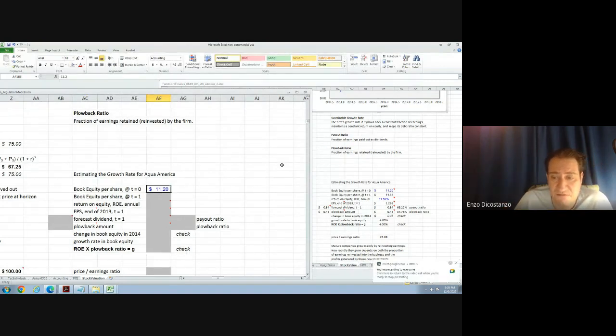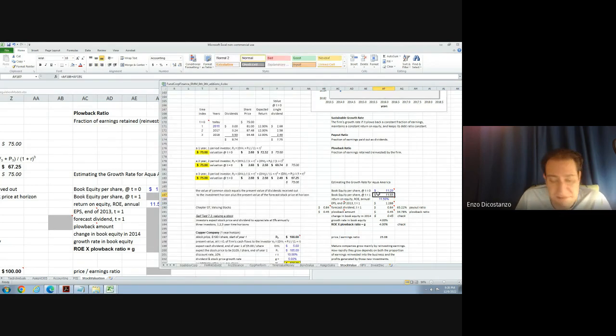And the return on equity, or what your expectation is, and again, you're making lots of assumptions. You can look at historical numbers to compute this. It is 11.5%. And then you're going to look at a couple of percentages down here, the growth rate in book equity.